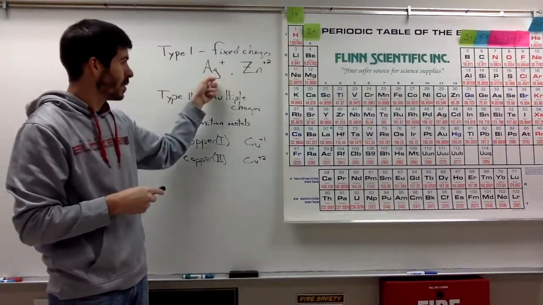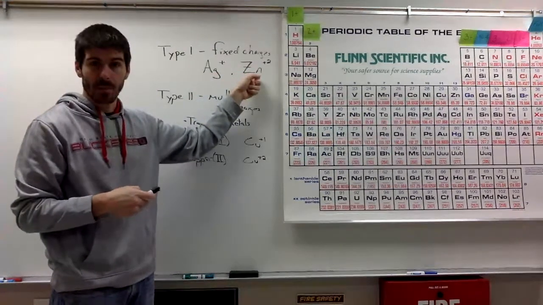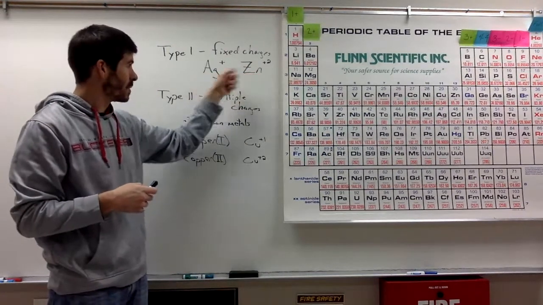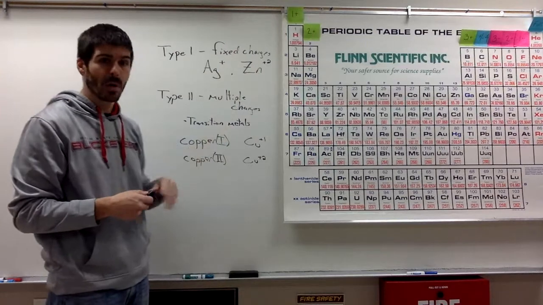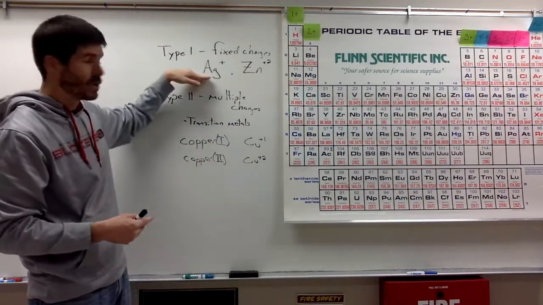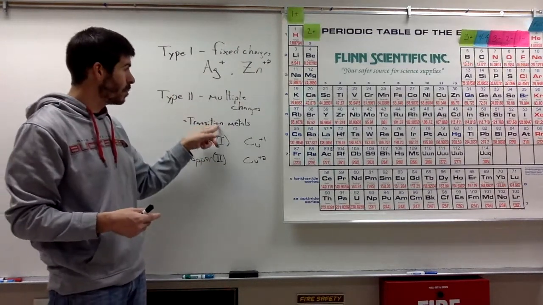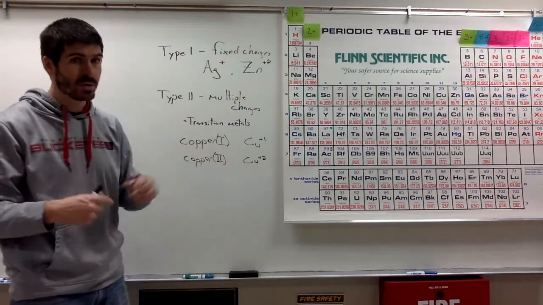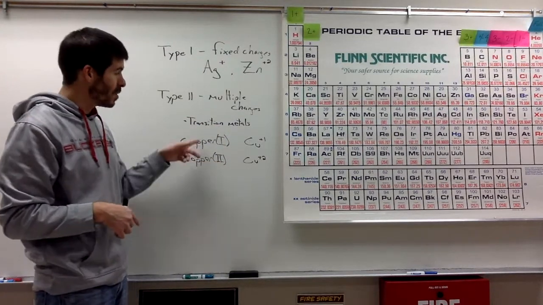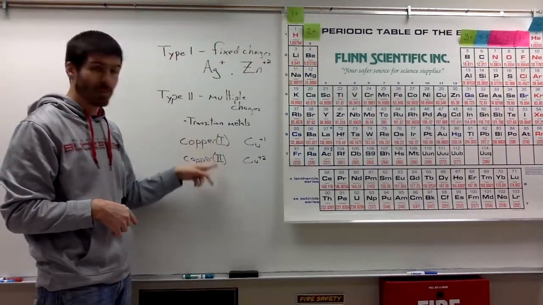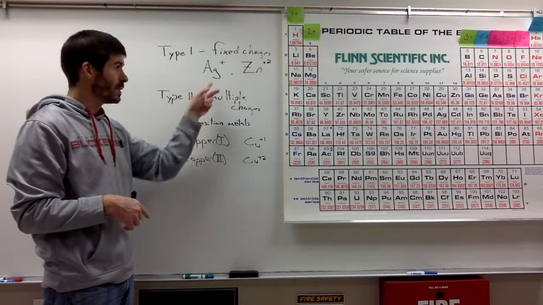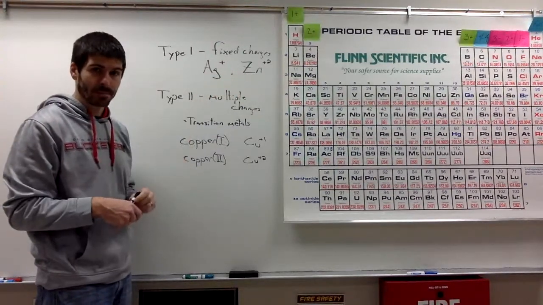Silver will always be +1, and zinc will always be +2. And because they have a fixed charge, they don't need a Roman numeral, even though they're transition metals. So the Roman numeral is more about, do they have multiple charges? These two that have fixed charges don't need that.